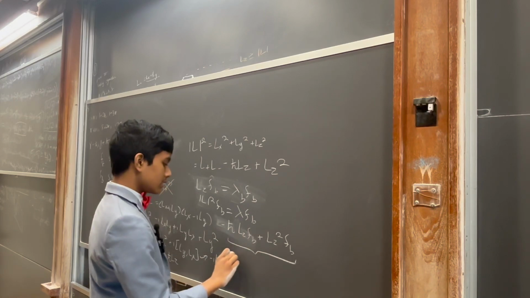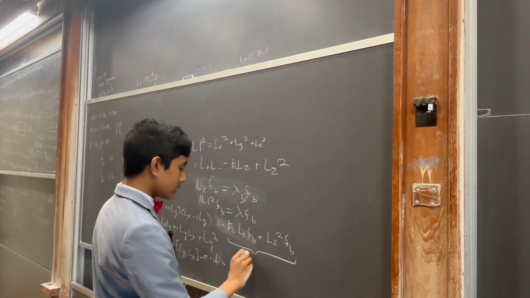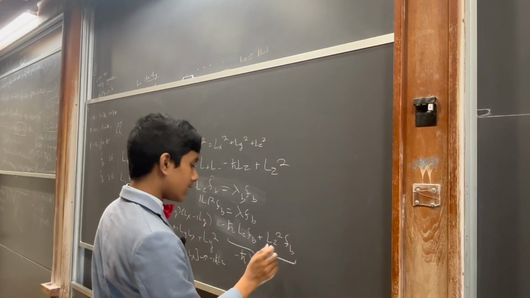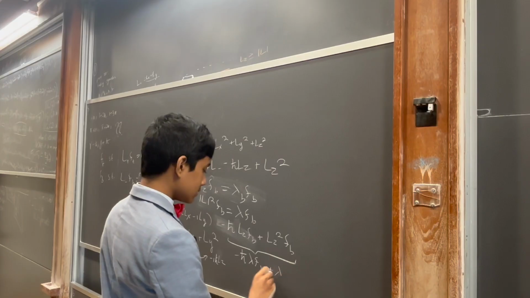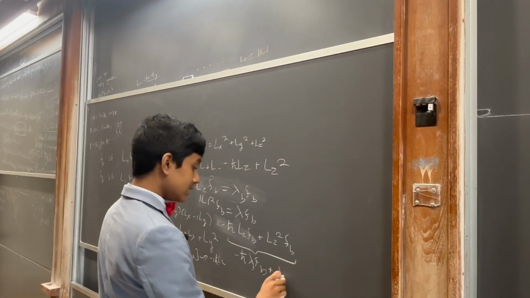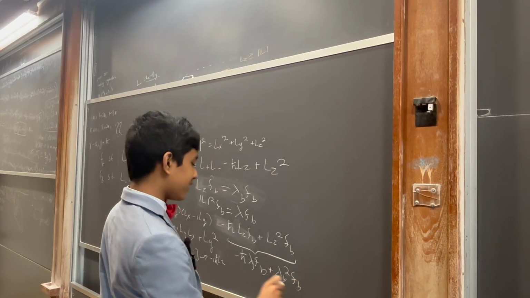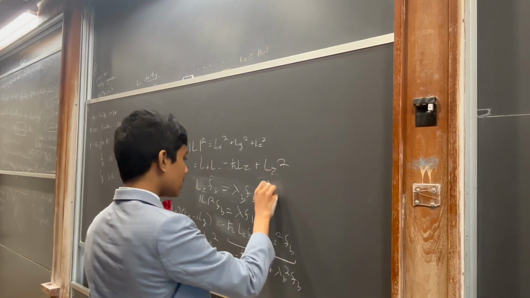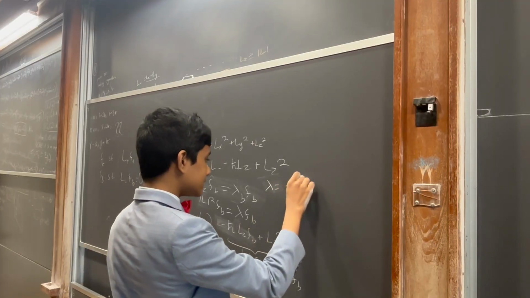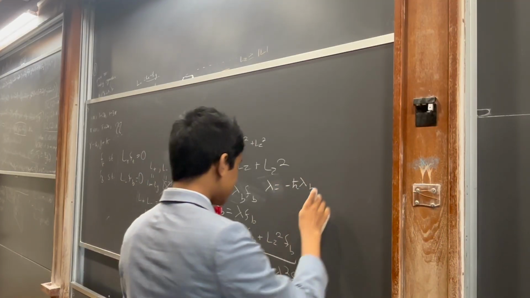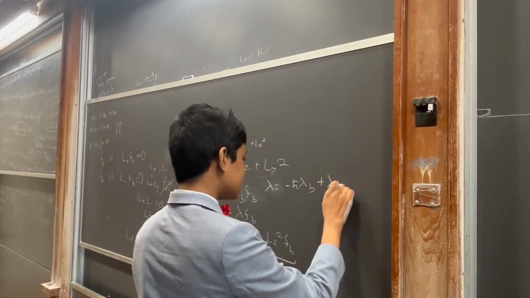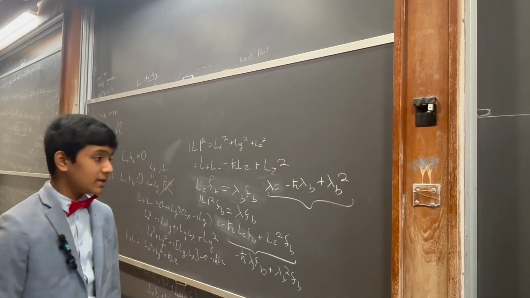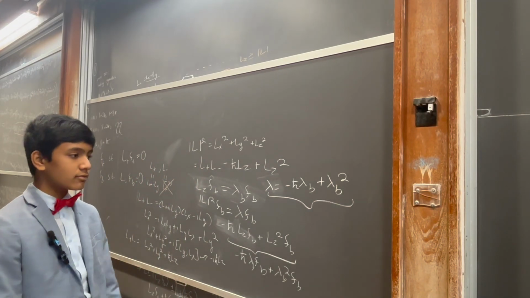And of course, this is minus H bar lambda b fb, and this guy right here, sorry, this would be lambda b, and this guy right here should be lambda b squared fb. That is, L squared, or lambda, should be equal to minus H bar lambda b plus lambda b squared. This should be it. And I mean, this looks pretty uncanny, right?